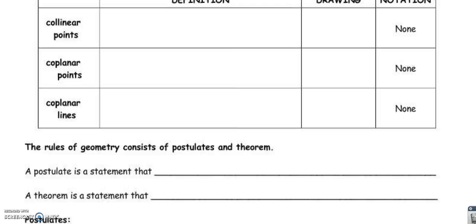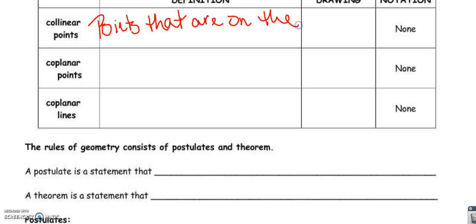All right, so a few more definitions. We have what we call collinear points. Think about collinear. Linear means line. Co is going to be like more than one. So collinear points are points that are on the same line.